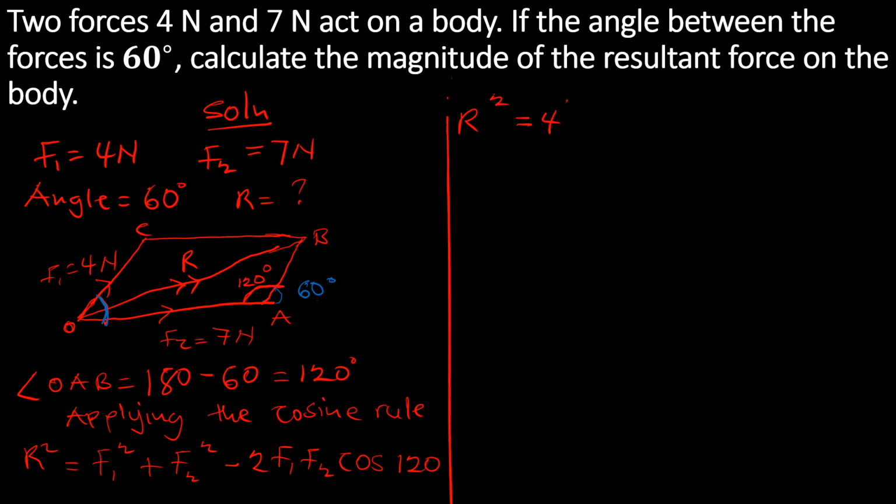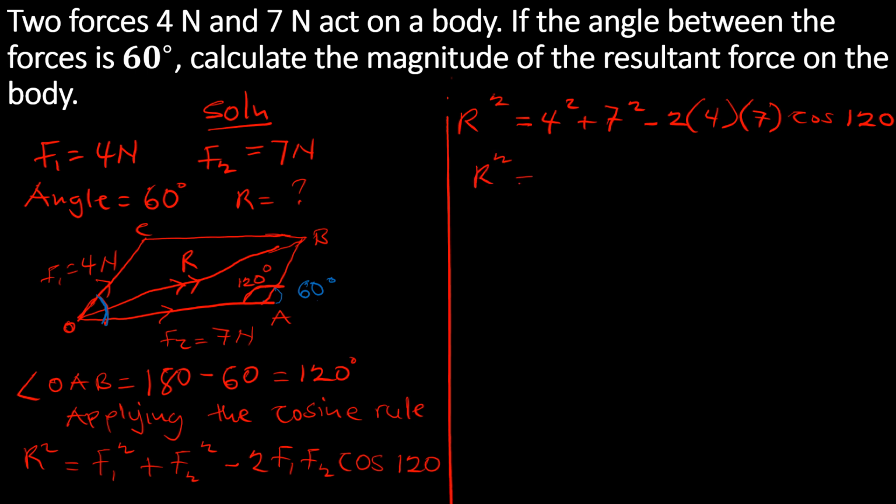So 4 squared plus the F2 squared, that's 7 squared, minus 2 times 4 times 7 cos 120. I believe you understand. Okay, let's proceed.